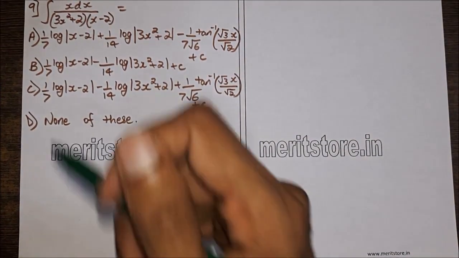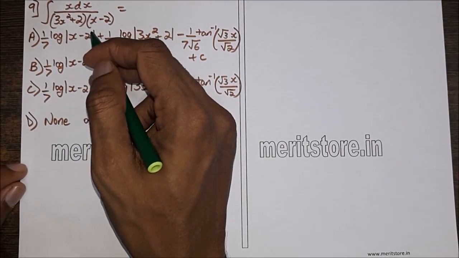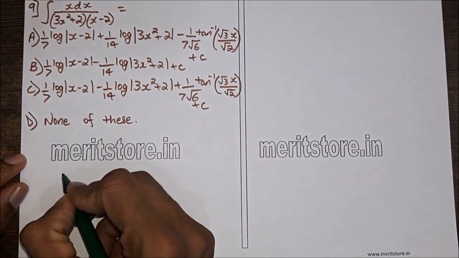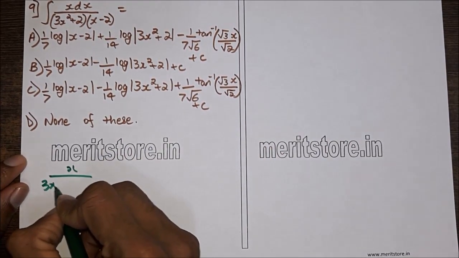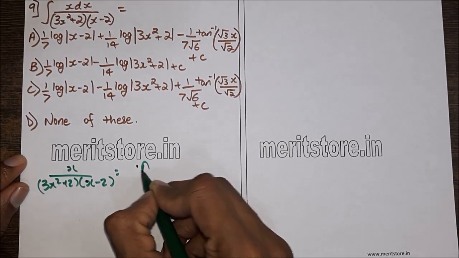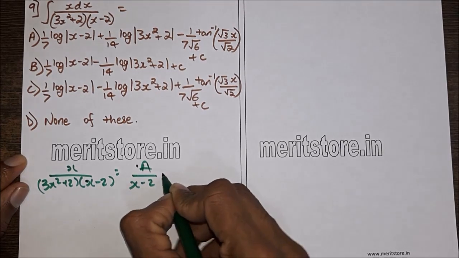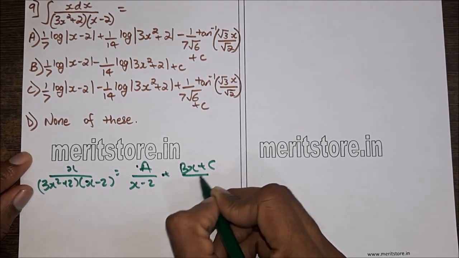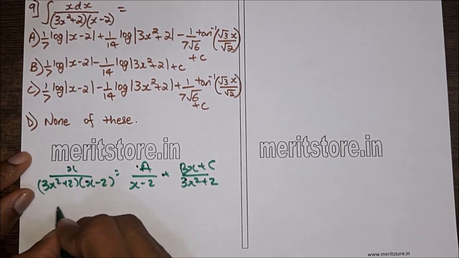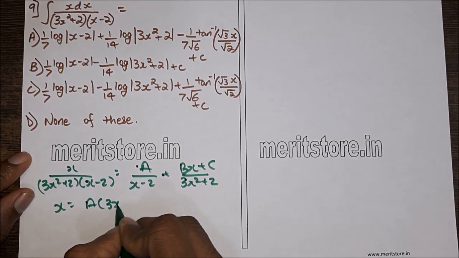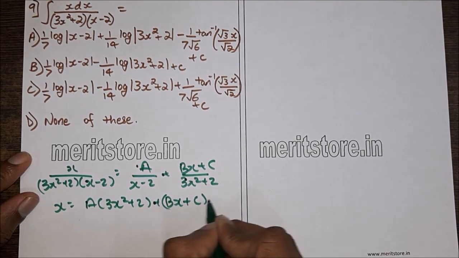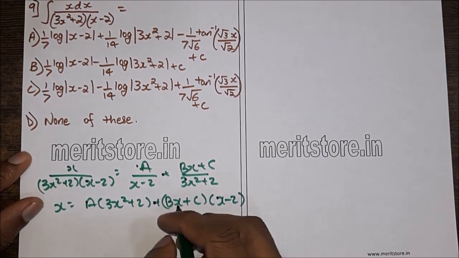Question 9. Integral x dx upon 3x square plus 2 into x minus 2 equal to, we are given 4 options. Let x upon 3x square plus 2 into x minus 2 equal to a by x minus 2 plus bx plus c upon 3x square plus 2. We can write this as x is equal to a into 3x square plus 2 plus bx plus c into x minus 2.